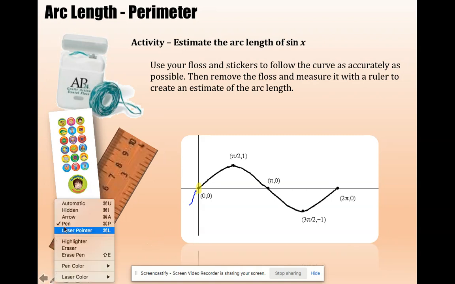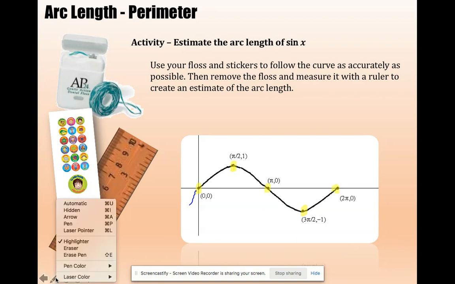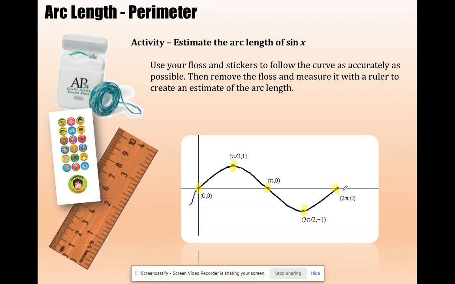Then I would have asked you to pull the dental floss up to this height here and put another sticker on top of your dental floss to nail it down there. And I would have asked you to do that 5 times. And you would have had a little bit more dental floss hanging out here. Whoops, I meant that to be a pen.